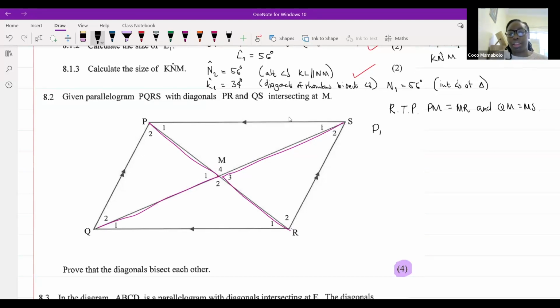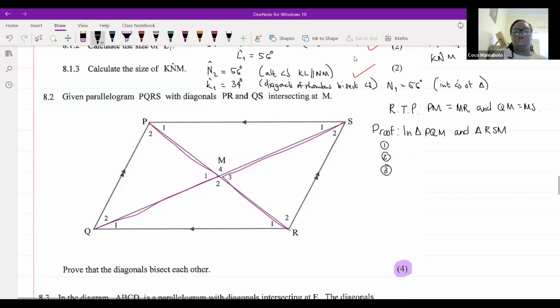When I then say proof, I can say in triangle PQM and triangle RSM, I'm going to make sure I map them out properly, and I want congruence. I'm going to prove 3 things.